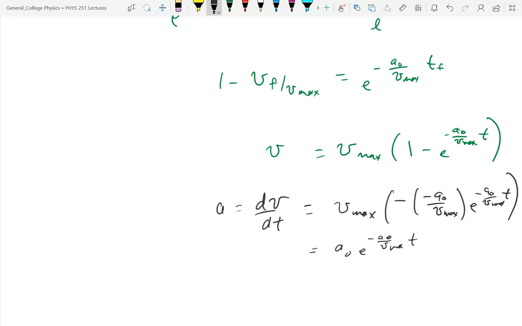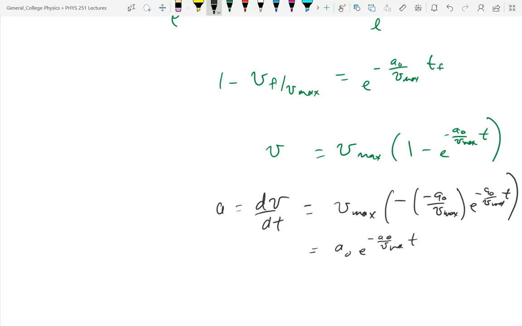And then going the other way, if I wanted to find the distance, I integrate this, and it's actually not that hard because the integral of Vmax dt is just t times Vmax. And the integral of the exponential with minus a0 over Vmax t, you divide by the derivative of the exponent, so you divide by minus a0 over Vmax.